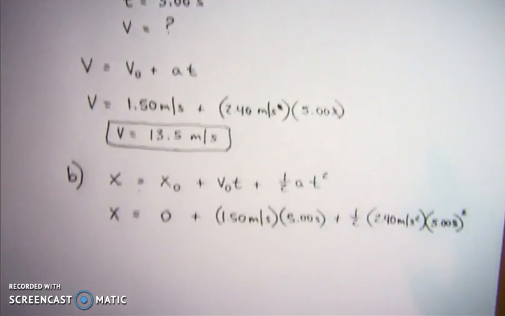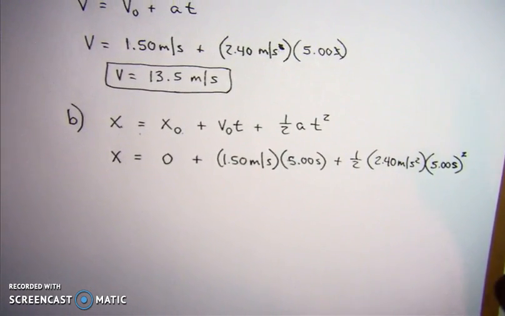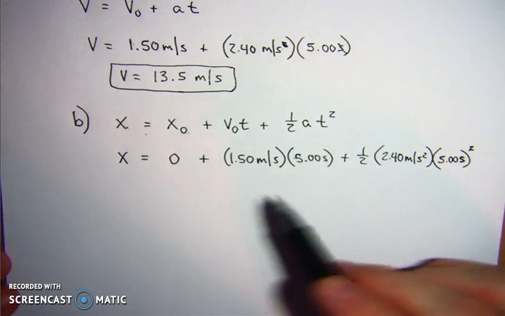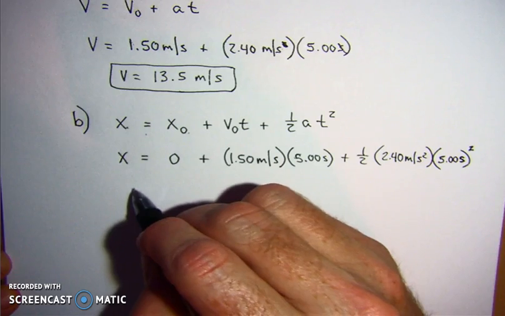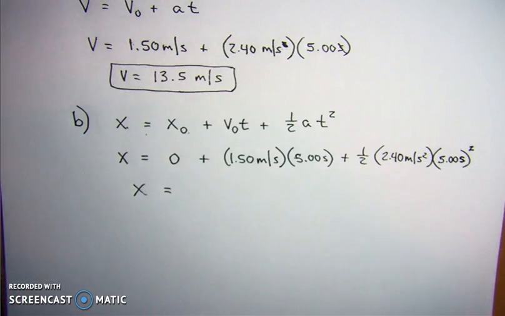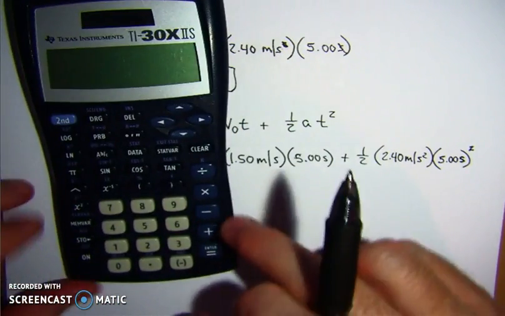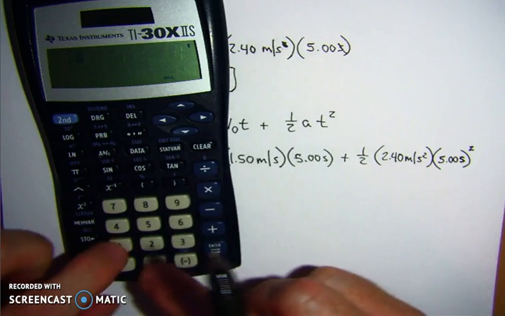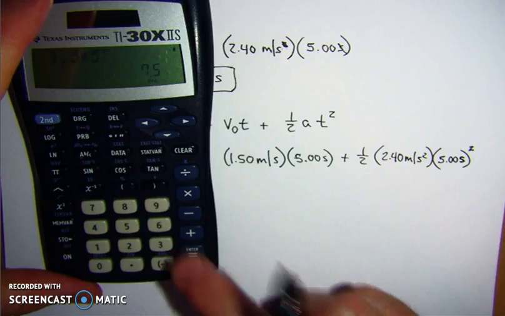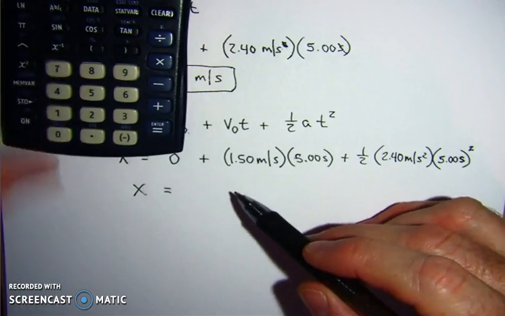Let's give us a little more room to work with. Okay, now we'll just do our math and solve. The 0 is gone. We need to find 1.50 times 5. Let's take this one step at a time. 1.5 times 5 will be 7.5.